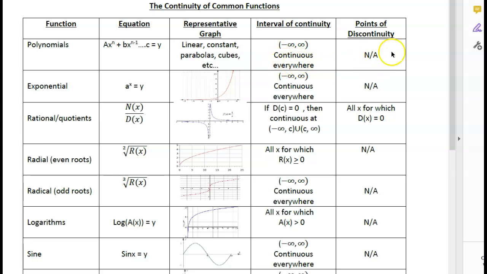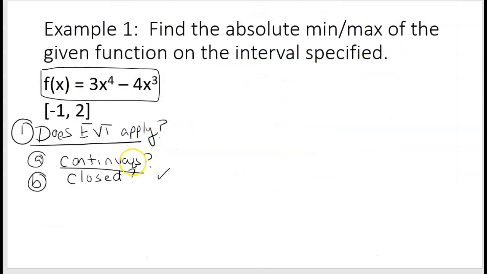They have no discontinuities. So to answer this question, is it continuous? The answer is yes, because it's a polynomial. Okay, so the EVT applies. And what that means is that for this function, on any interval, there has to be an absolute min and an absolute max. So we now know for sure that yes, there is an absolute min.